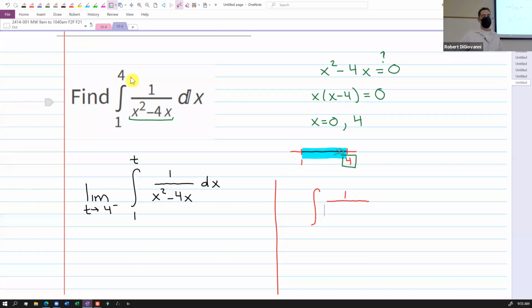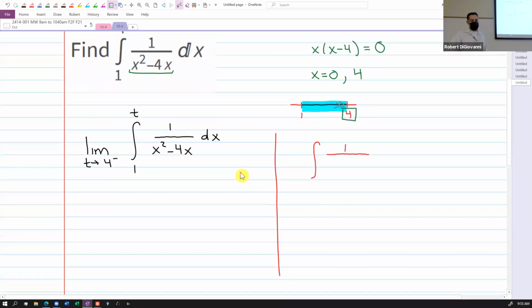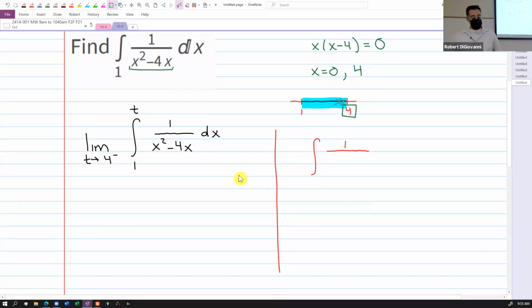Yeah, okay. All right, so I'm going to do partial fractions here. So I'm going to factor the denominator. Maybe looking at it that way helps.